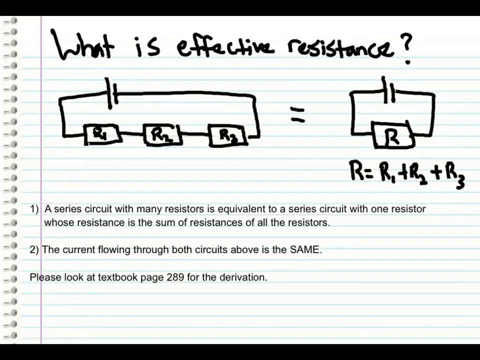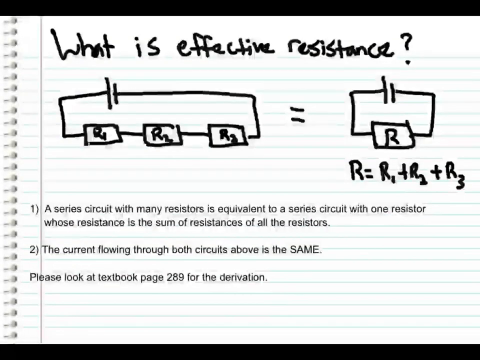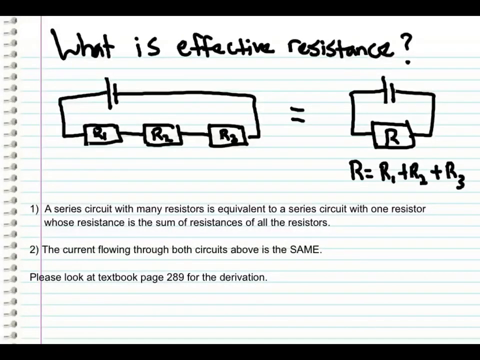By looking at the diagram, a circuit with many resistors is equivalent to a circuit with only one resistor, and the resistance of this resistor is simply the sum of all the resistances. Note that the current flowing through both circuits here is the same. Please look at textbook page 289 for the derivation.